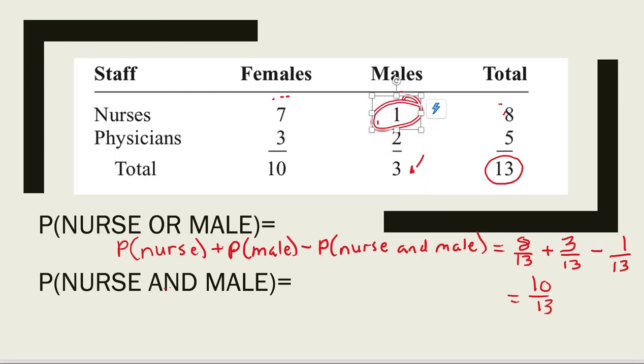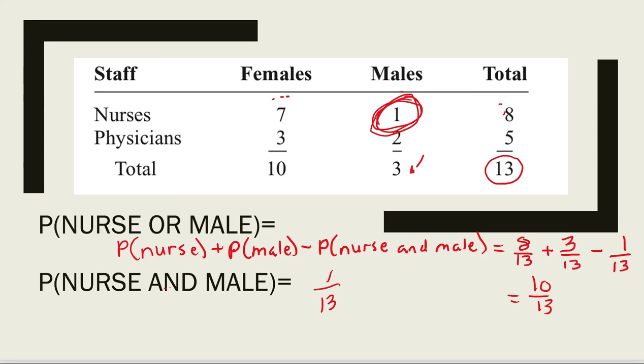All right, so nurses and males, I'm going to look at that, and this is what we've got right here. So how many do we have that are nurses and males? That's just going to be that 1 out of 13.